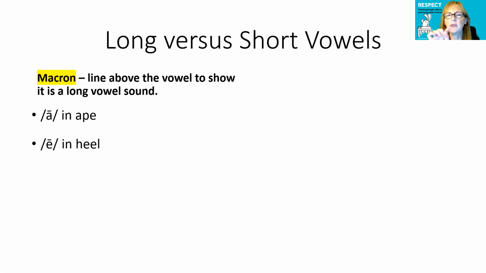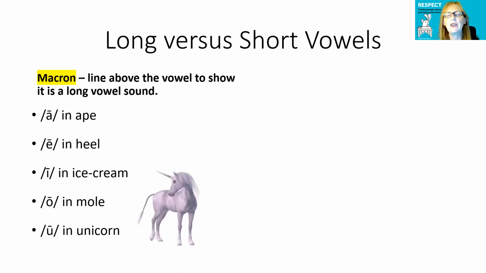The long E with a straight line, remember those backwards slashes mean we're talking about the sound, not the letter. So the long E sound, like in heel. Long I, like in ice cream. Long O, like in mole. And long U, like in unicorn. So that's the macron.